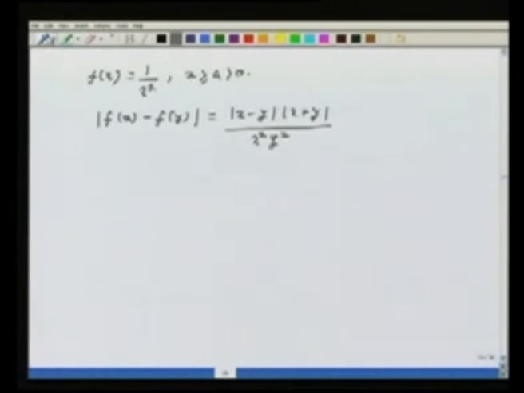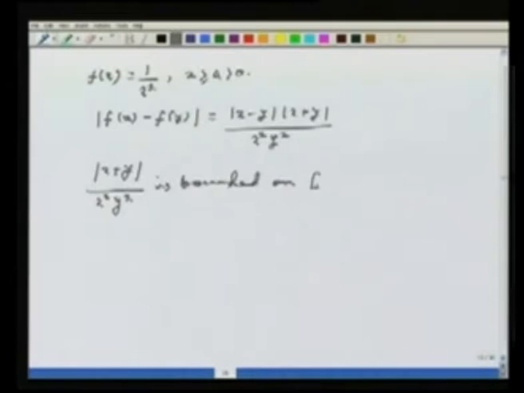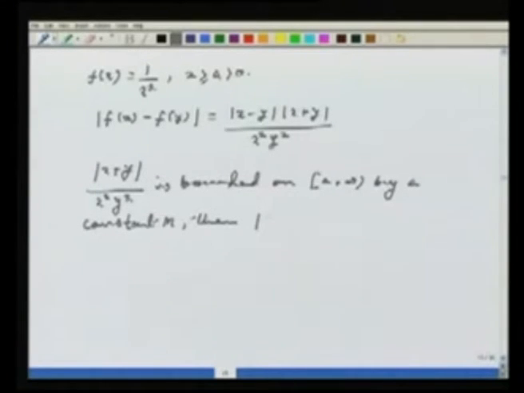Now if I can somehow show that mod of x plus y divided by x square y square is bounded on [a, infinity) by a constant m, then what I get is that mod of f(x) minus f(y) is less than or equal to m times mod x minus y.